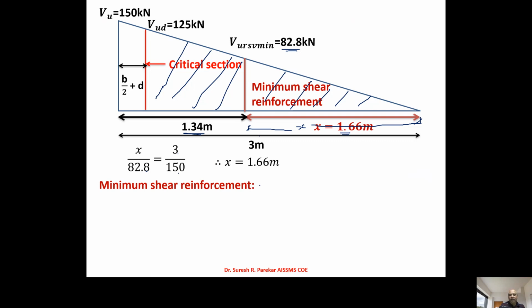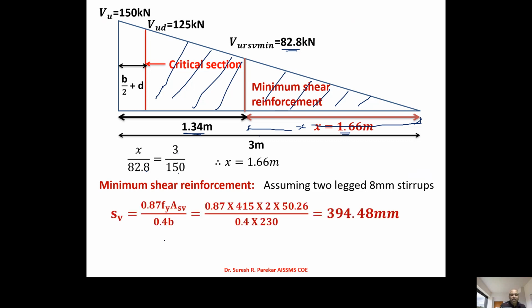Now minimum shear reinforcement we can find by using the formula Sv equal to 0.87 fy Asv upon 0.4 b. Assuming two-legged 8 mm stirrups, this gives us the value of Sv as 394.48 millimeters. Now for this 8 mm diameter, 0.75d is 281.25 millimeter, and the third criterion is 300.